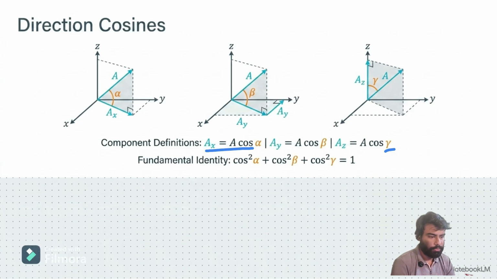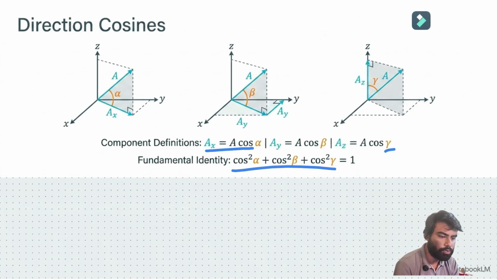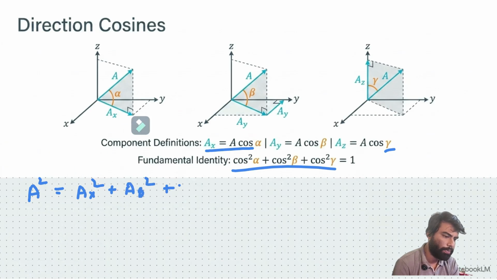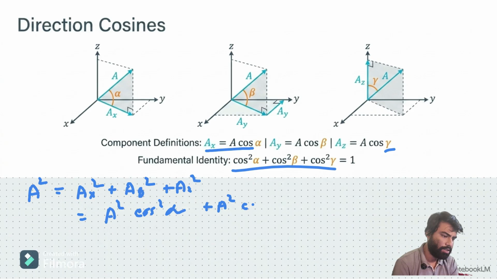Now another thing, a fundamental identity, that you can prove too. How can you prove it? Let's see. You have seen that a square, the magnitude of a squared, is equal to ax square plus ay square plus az square. Now you can see that this is equal to a square cos square alpha plus a square cos square beta plus a square cos square gamma.